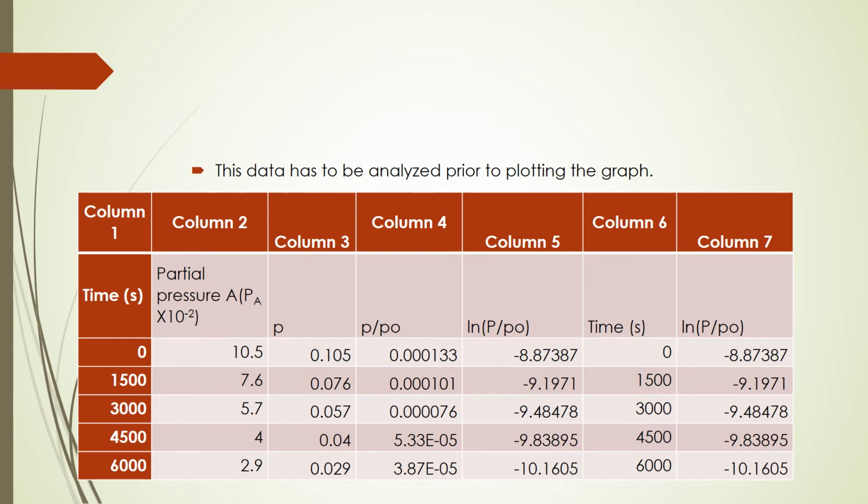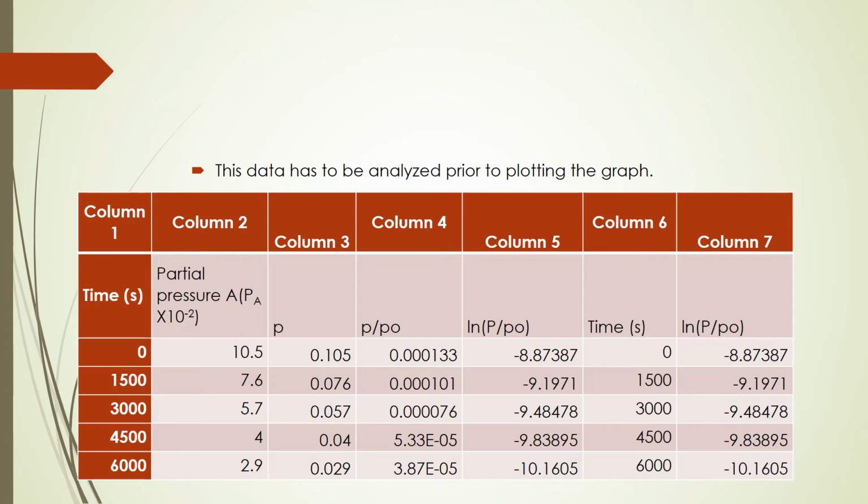For column 3, I still name it partial pressure, but I convert it into the actual number, which is 0.105. So 10.5 over 100 equals 0.105. The same treatment is done to the subsequent data.